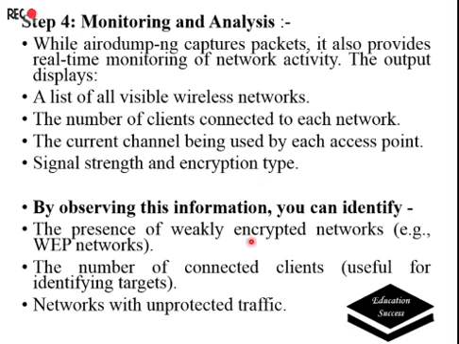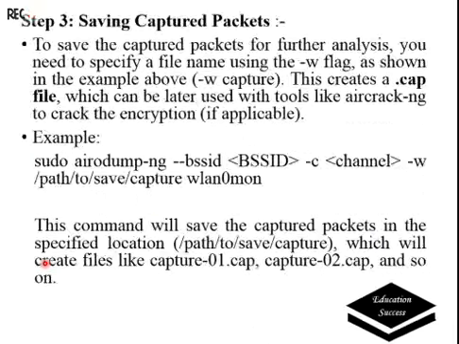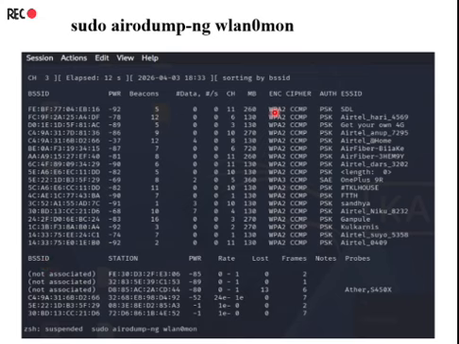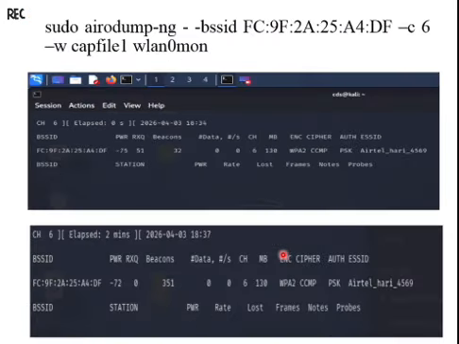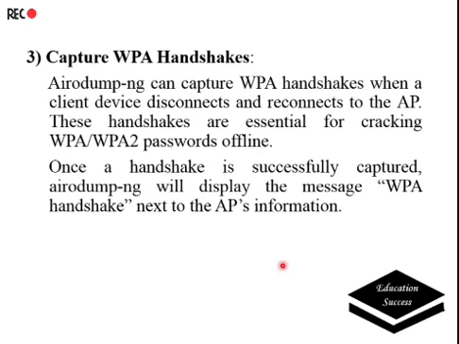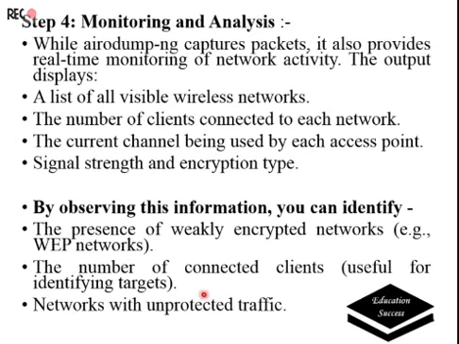So by observing this information, we can know the presence of weakly encrypted networks, for example WEP. But in our example, all encryption types are WPA2, which is a strong encryption. We can also see the connected clients and networks with unprotected traffic.